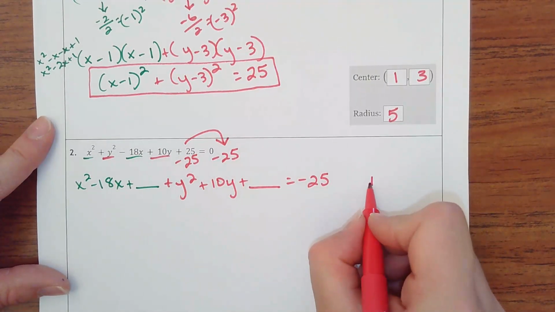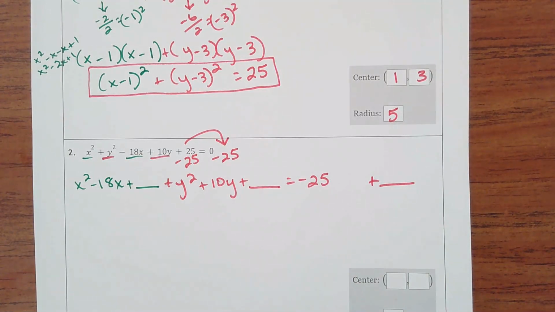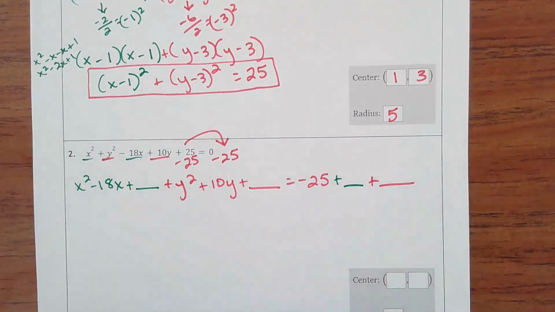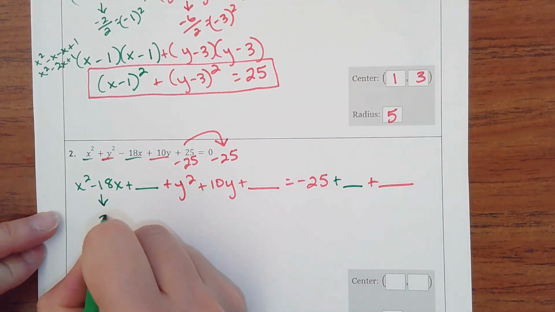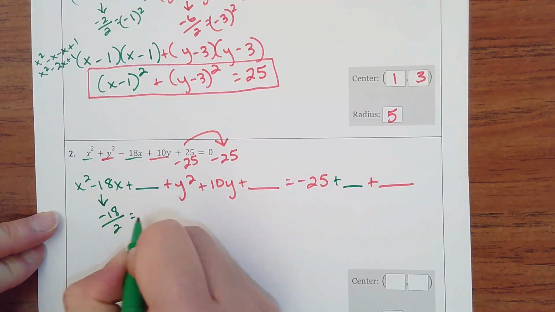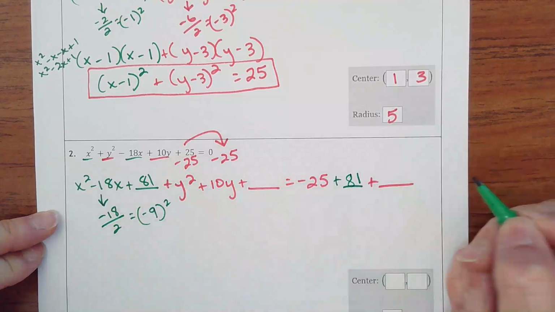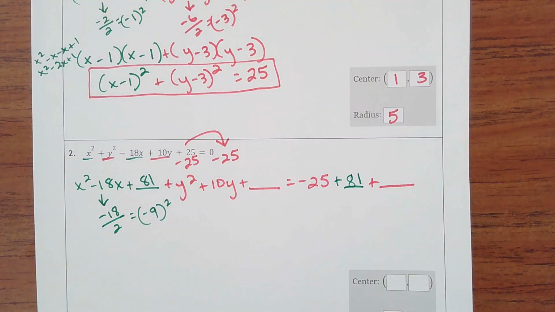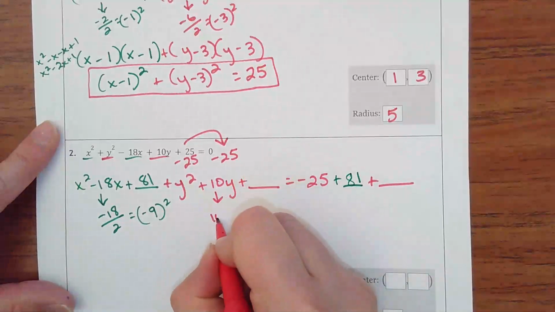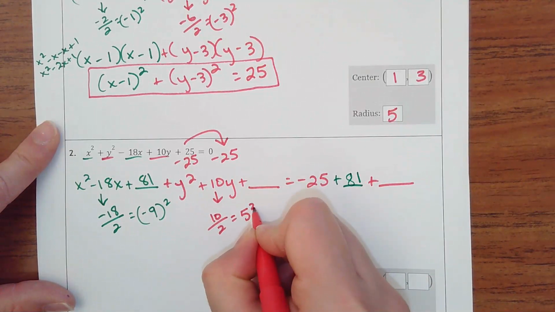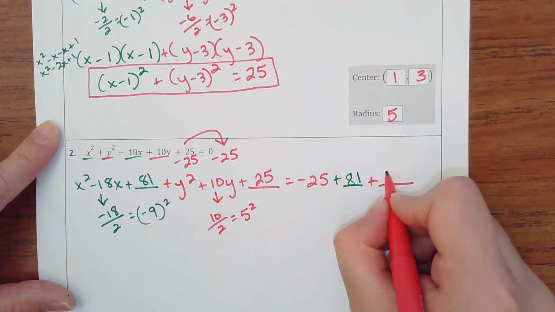Put plus blank. Do not forget that step. Okay, take your b term, divide by 2, and square it. That's 81. Add 81 both sides. Take your 10, divided by 2, and square it. 25 gets added to both sides.